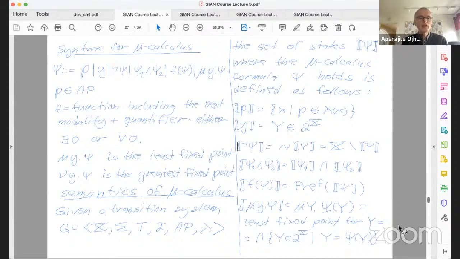And there is a famous theorem around this, with the least and the greatest fixed point, formulated by a Polish logician in the beginning of the last century. His name is Tarski.